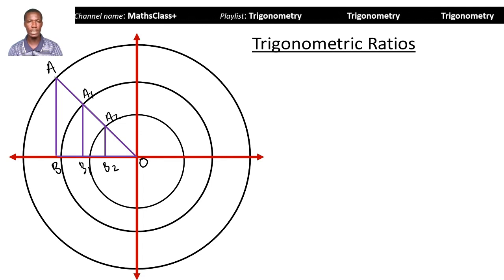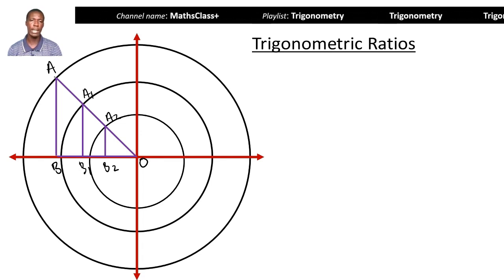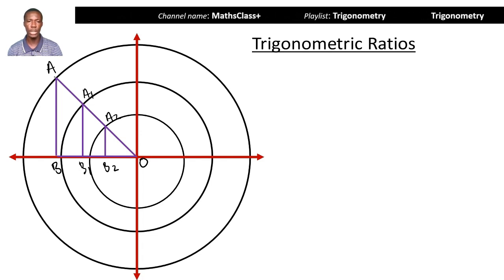What that means is that we can say one triangle, they are forming right angles. One triangle is an enlargement of the other, or we can say similar, because they have equal angles and then they have corresponding sides.